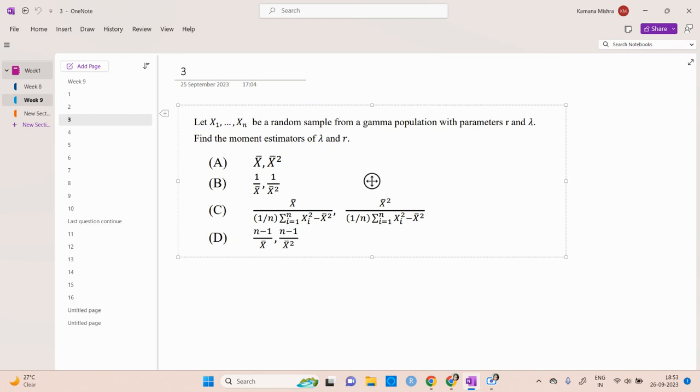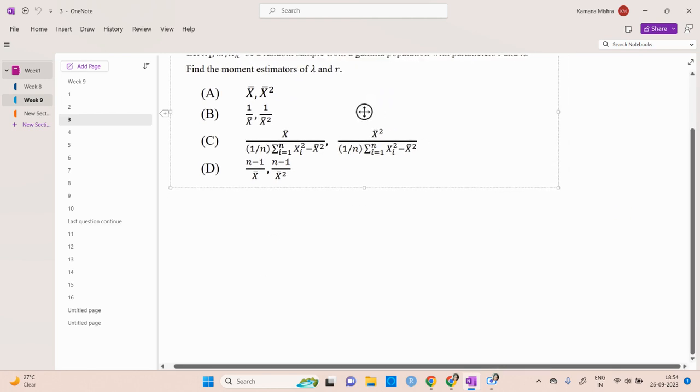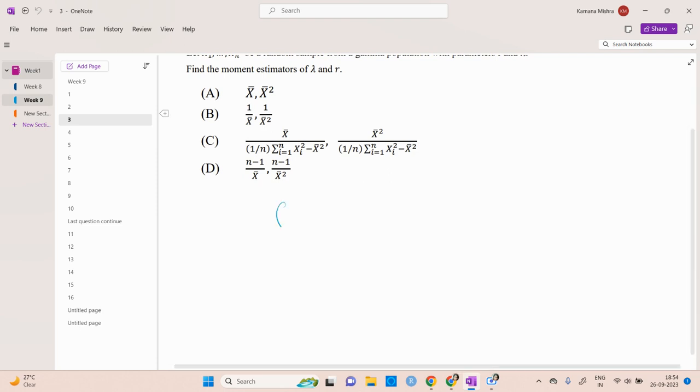Now, third: X1 up to Xn are a random sample from a gamma distribution. Okay, so what is the gamma distribution? The gamma distribution has parameters lambda and r.